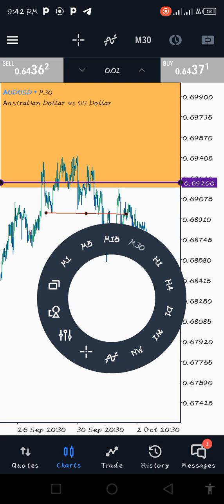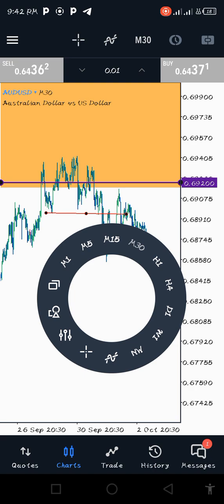We have seen that there is a change of character from that major zone on the weekly time frame. The weekly time frame is for major zones. The monthly time frame is for major zones too, but we can also use it for market direction.